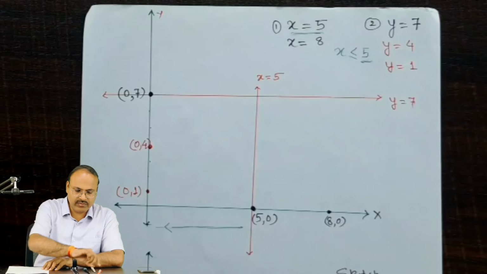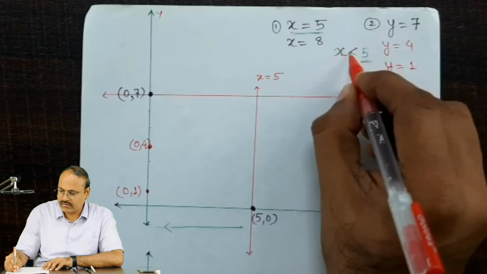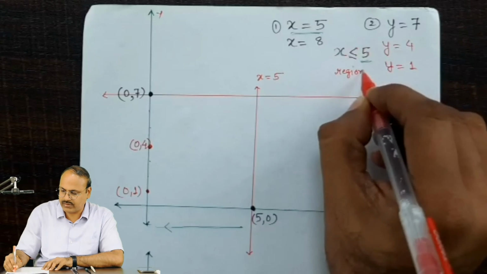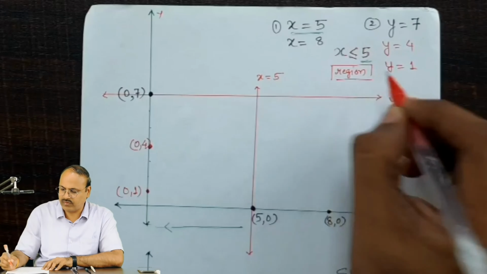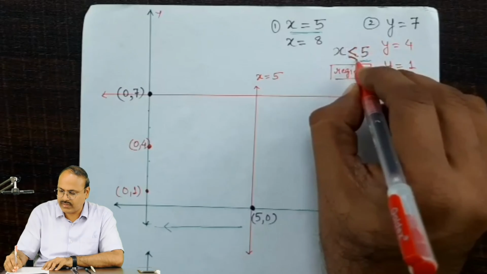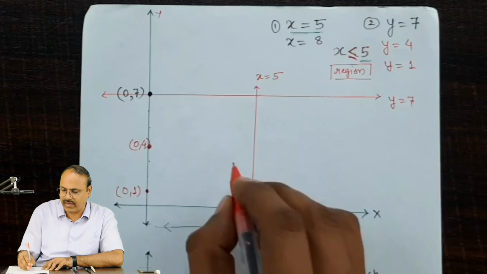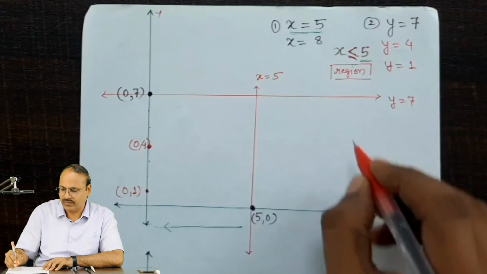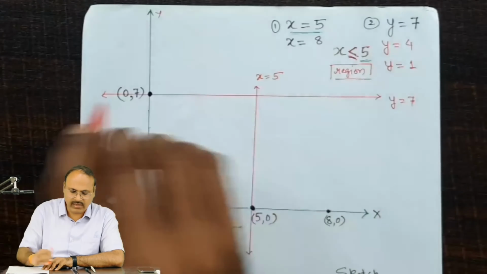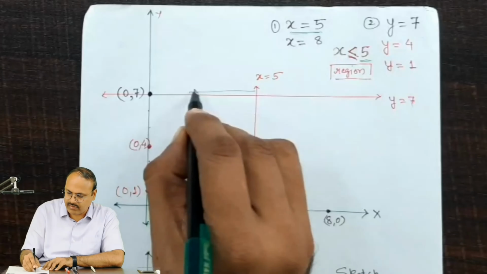So the graph of the linear inequation x less than or equal to 5 will be a region. This is very important to understand: the graph of linear inequations is a region, and the region depends upon whether, since this is the vertical line x equal to 5, the region will be either to the left or to the right. We want values of x which are less than 5, which will be to the left of 5. So therefore the region will be this region.